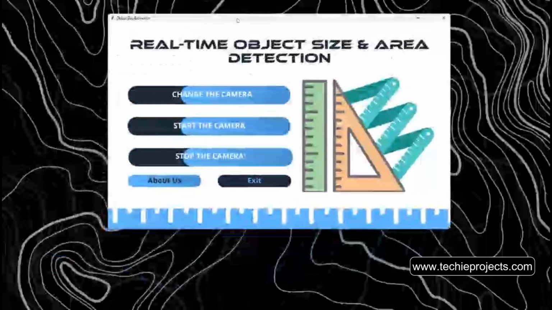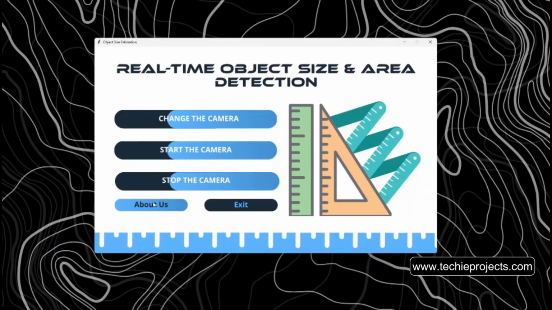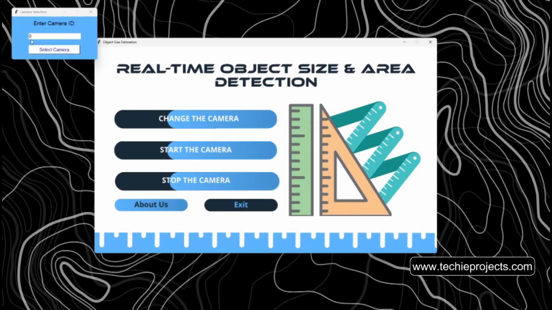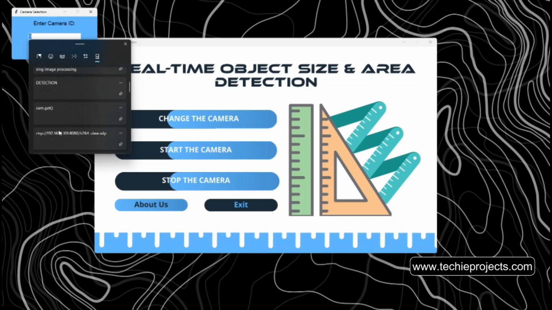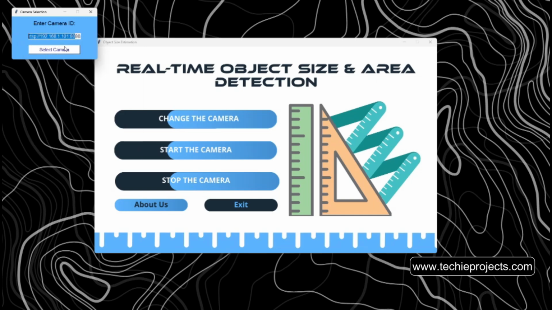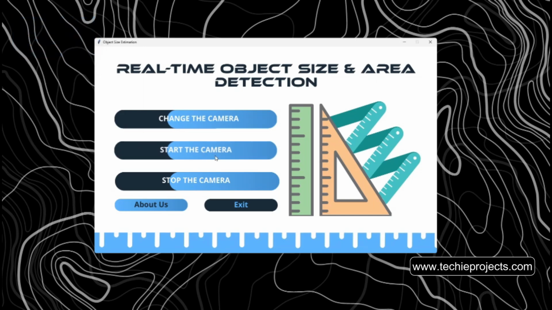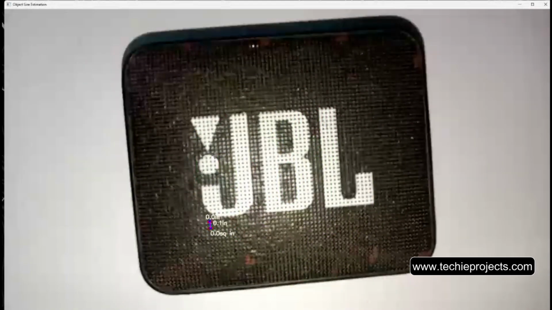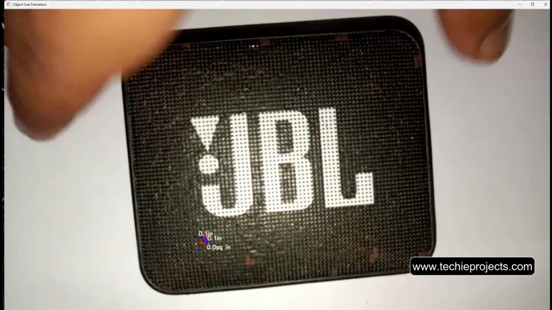In this video I will show you the real-time object size and area detection. So this is the about us page. Let's open the camera, and we have to provide the video link, or you can also give the IP camera. It will detect the object and detect the size of the object.